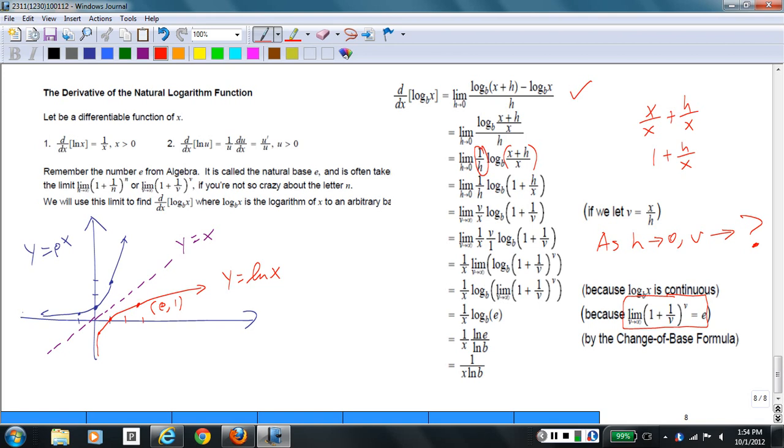Well, I'm going to say h is approaching 0 from the right, and we could do a separate case and consider what happens if h approaches 0 from the left. But in the special case, h approaches 0 from the right, v is going to positive infinity, because x is just hanging around at x, and x is positive. So positive x divided by a tiny positive h is driving the value toward positive infinity.